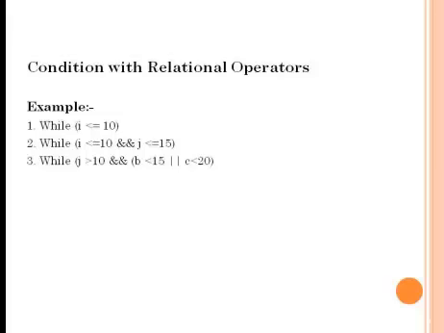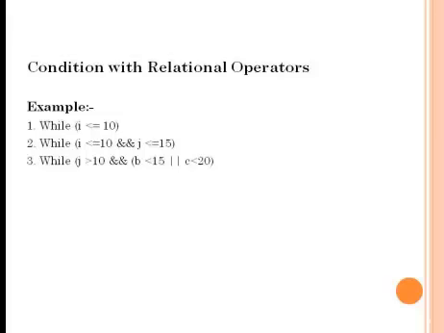Let's assume that in place of this logical OR we have the left shift operator. Then how will this condition be executed? As usual, first it evaluates the parenthesis expression: b less than 15 left shift operator c less than 20.